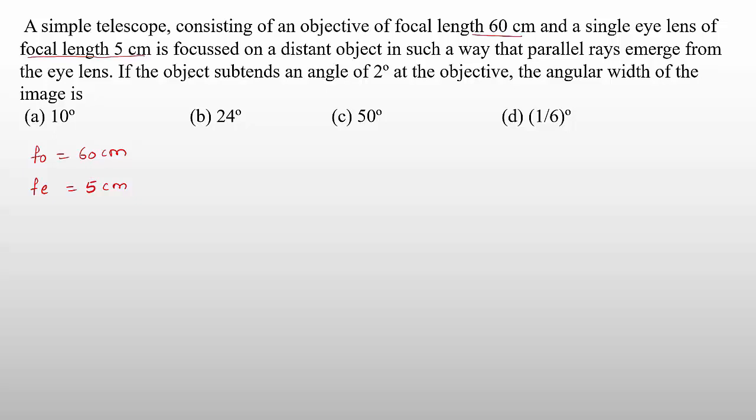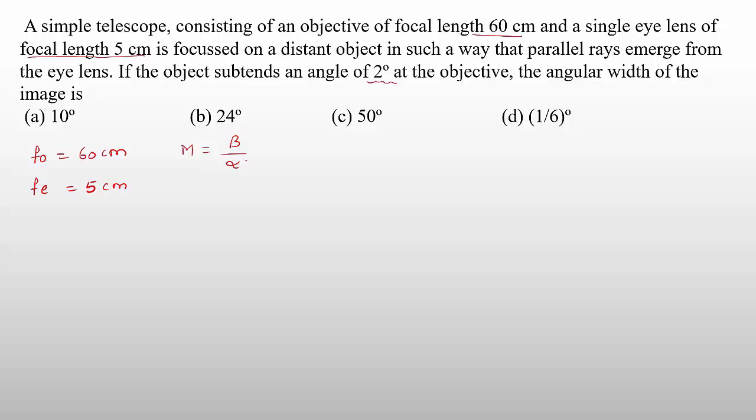Then here it is focused for a distant object in such a way that parallel rays emerge from the eye lens. Then the object subtends an angle of 2 degree. So what is this 2 degree? We know that M equal to beta divided by alpha. So what is beta and alpha? Beta indicates visual angle subtended by image.